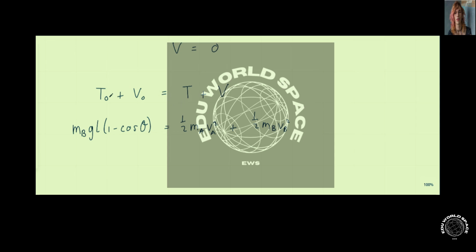And this makes sense. Essentially what's happening is that the potential energy in the block, when the block is released, is what results in a motion of 1, the block, and 2, the cart. So that potential energy is then transformed into kinetic energy of the block and the cart.